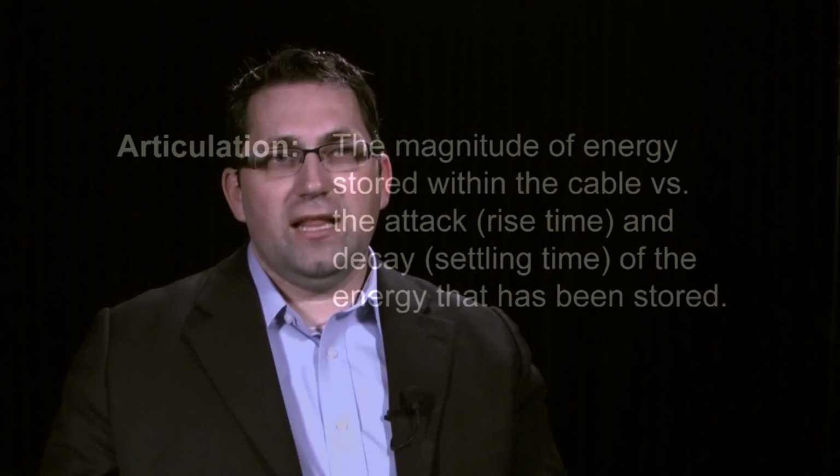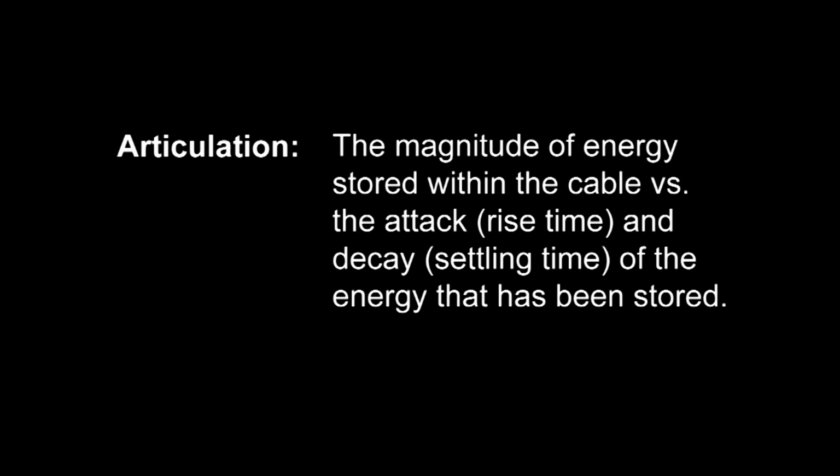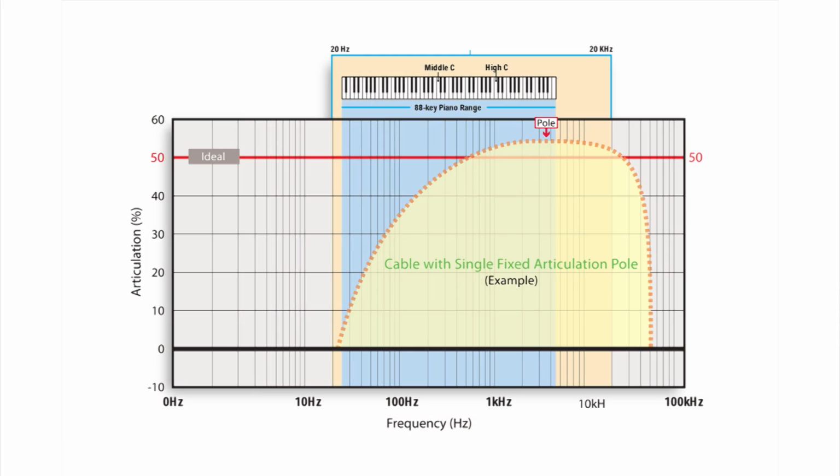Now, we define articulation as the magnitude of energy stored in the cable versus the attack or rise time and the decay or settling time of the energy that was stored in the cable. And we can take those measurements at different frequencies and we can plot a line along the audio bandwidth, and we call that the articulation response of the cable.